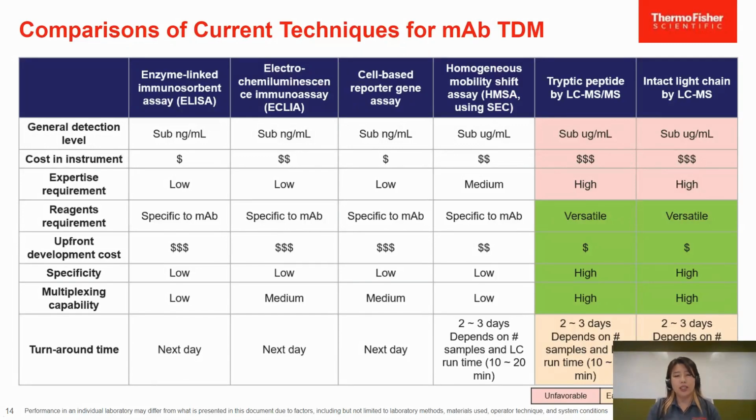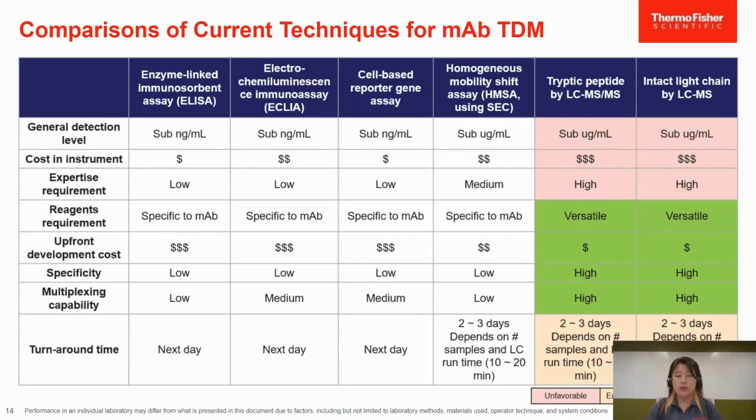However, mass spec doesn't need a specific reagent for each target mAb. You can just apply generic reagents, for the buffers or other consumables, to measure multiple mAbs in one assay. So the method is quite versatile. And you don't need upfront development, for example of antibodies, so the upfront development cost is quite low compared to the immunoassays.